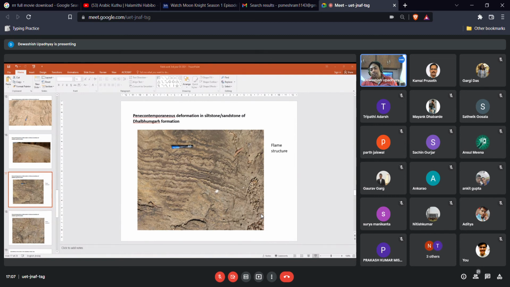Those are just the normal layers continuing, so you only see it in some parts, depending on which part has slumped with respect to the others. Those parts will show more of these deformation structures. These are very nice features that are dominantly found in the Dalbhumgarh formation.